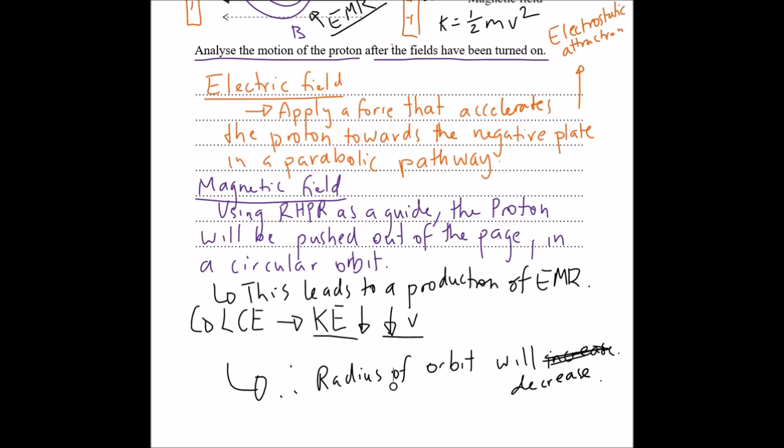How come? If we actually look at the derived formula, R is equal to mv over qB. So when velocity decreases, the radius is directly proportional to that decrease. So if velocity decreases, R decreases, hence we have a decrease in radius as well.